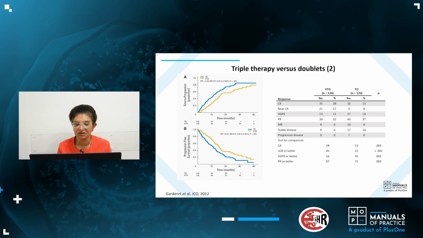Looking at the responses, responses were better with better complete responses and better VGPRs in the VTD arm versus the TD arm. And so the more the better, yes, but patients should have less comorbidities at relapse so that they can endure a triplet or even a quadruplet in relapse.